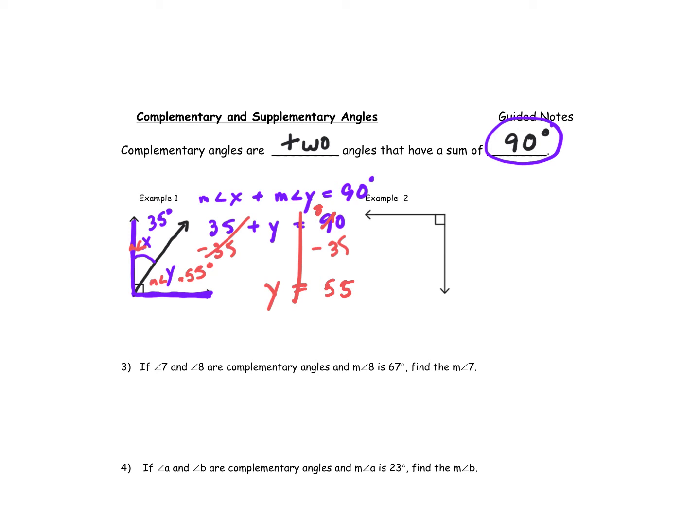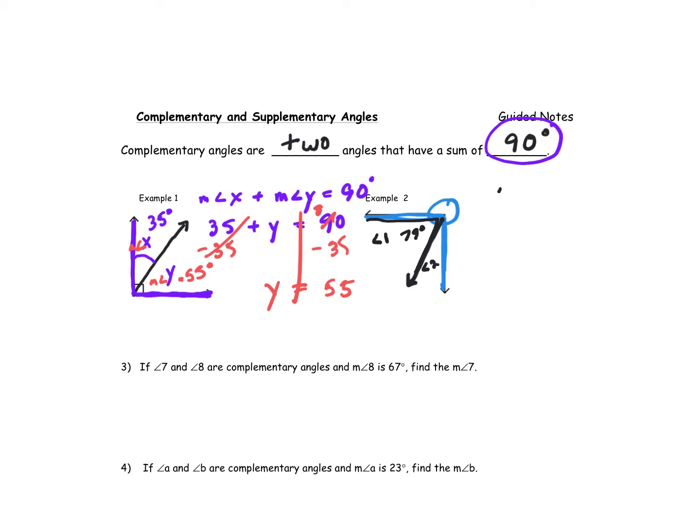Again, as long as they tell us it's 90 degrees, this entire angle is a right angle. Once again, if we start at the vertex and make another ray, we have now created two complementary angles, whose measurements should add up to 90 degrees. So if we're given one of those smaller inside angles, and we'll call this angle 1, if we knew that this was 79 degrees, then we'd be able to figure out what angle 2 is.